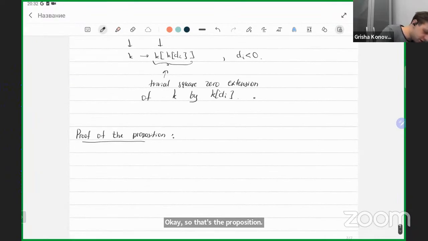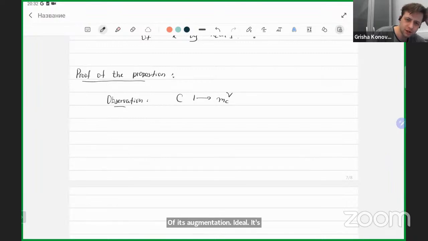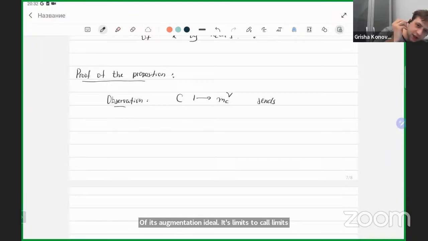So let me make an observation. The functor that sends C to the dual of its augmentation ideal, it sends limits to colimits, right? Let me say finite limits to the colimits because, yeah, I'll tell you the reason in a second.